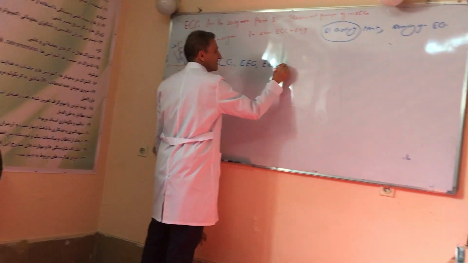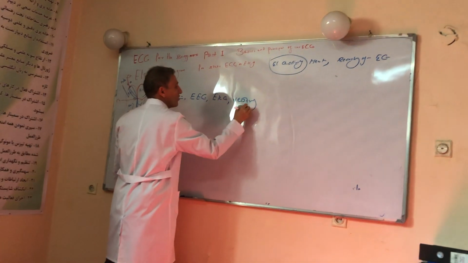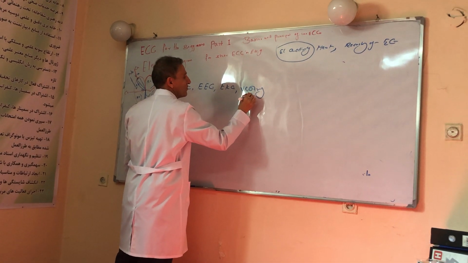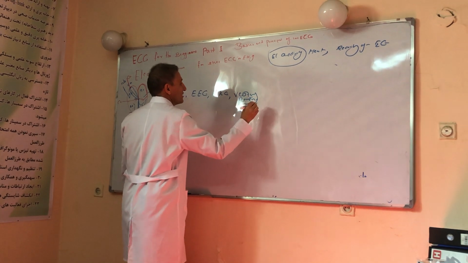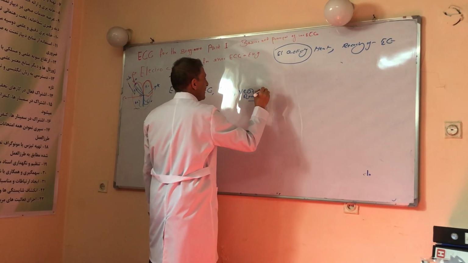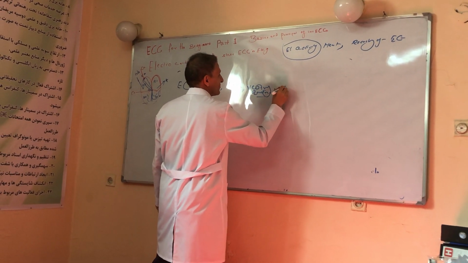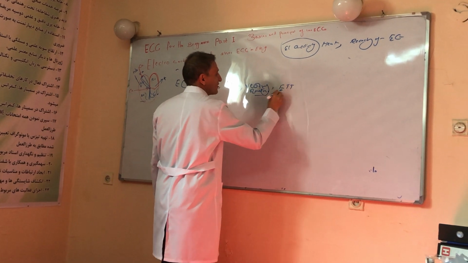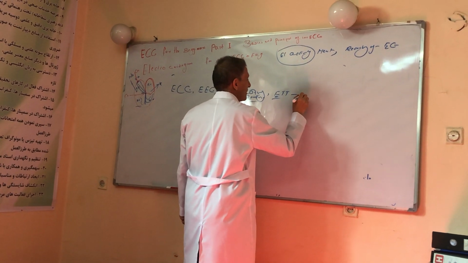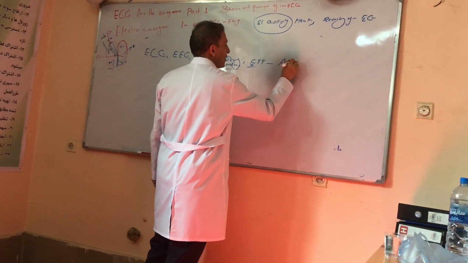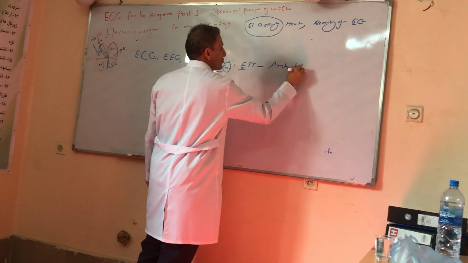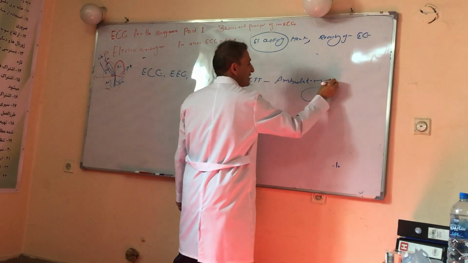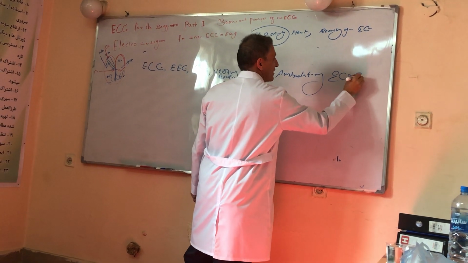The third one, resting ECG or routine ECG, ETT, exercise tolerance test or treadmill test, and finally ambulatory ECG recording.